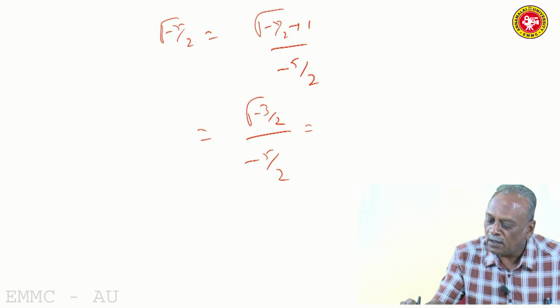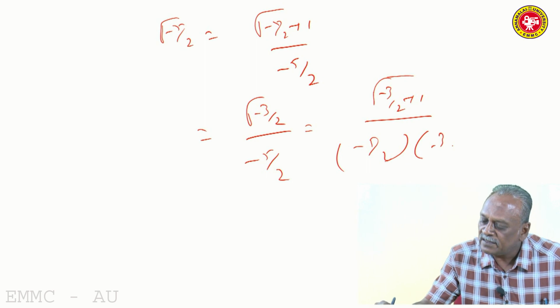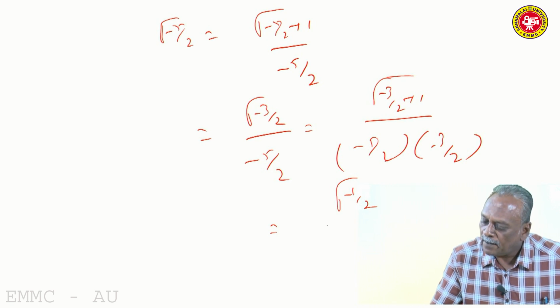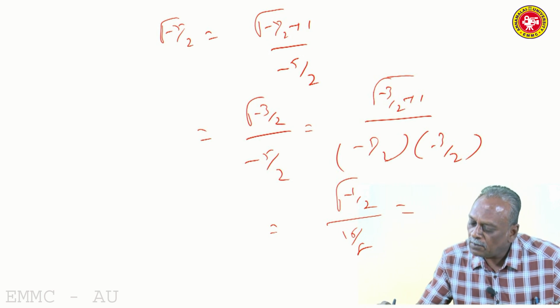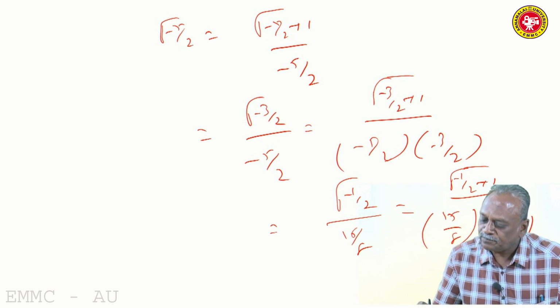Again using the formula, this is gamma of minus 3 by 2 plus 1 by minus 5 by 2 into minus 3 by 2. This is gamma minus 1 by 2 by 15 by 8.